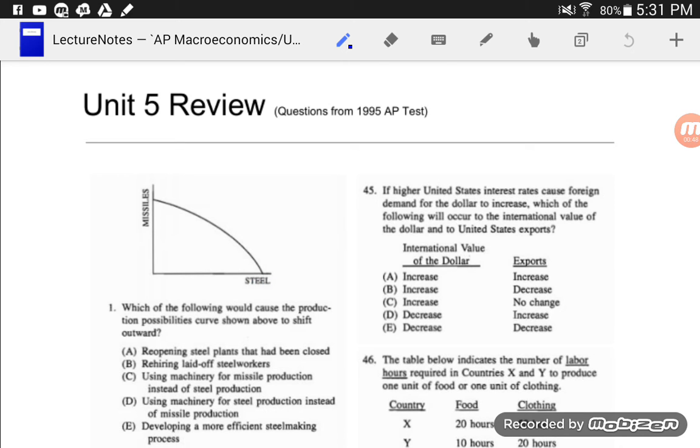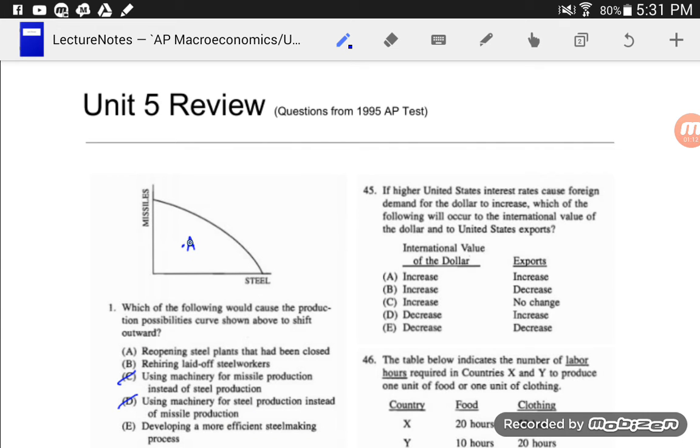And so as I'm reading this, which of the following would cause the production possibilities curve shown above to shift outward? Well, if we decide to produce more steel or more missiles instead, neither of those is going to give me an increase in production. So C and D don't actually make sense. A and B really refer to a point inside the curve.